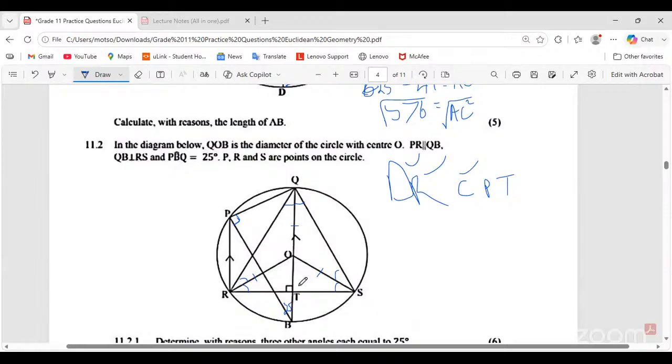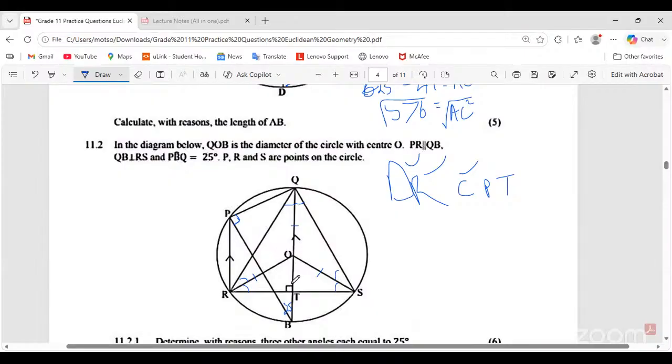Parallel lines. We have these parallel lines. This is equal to this. They form my beautiful Z here, alternate angles. And this and this, they form my beautiful Z here, alternate angles.